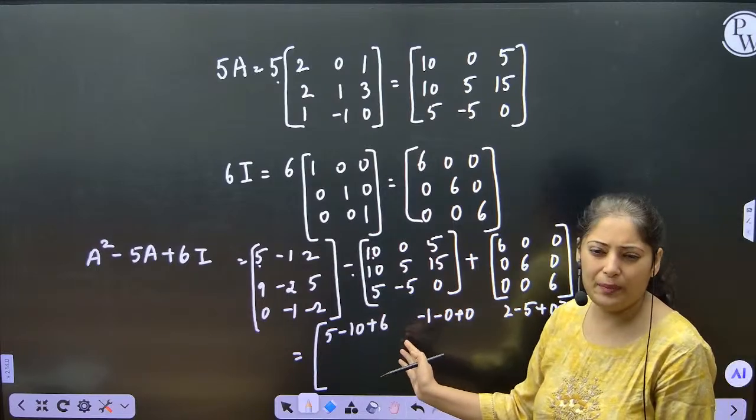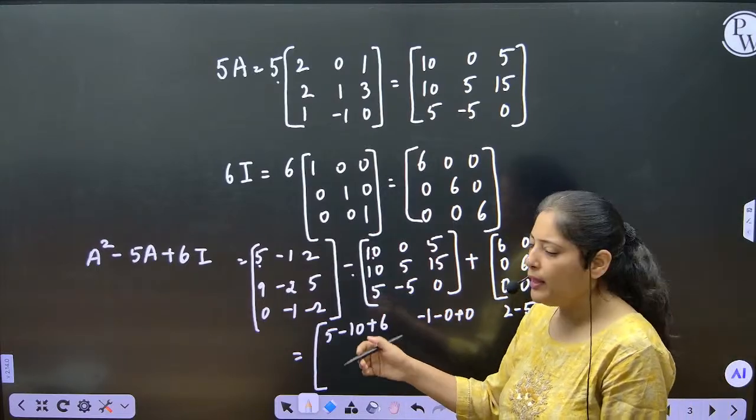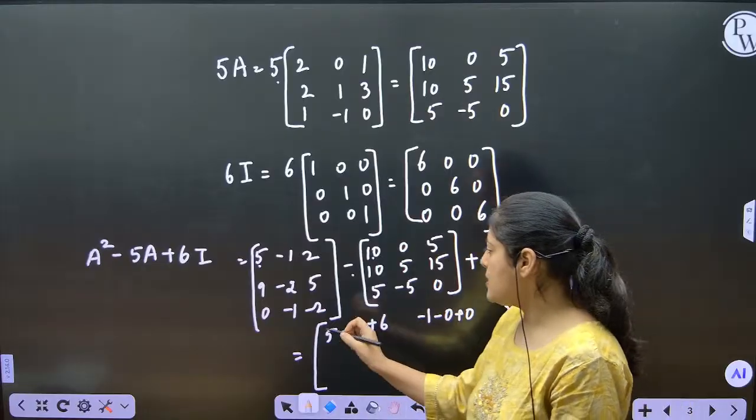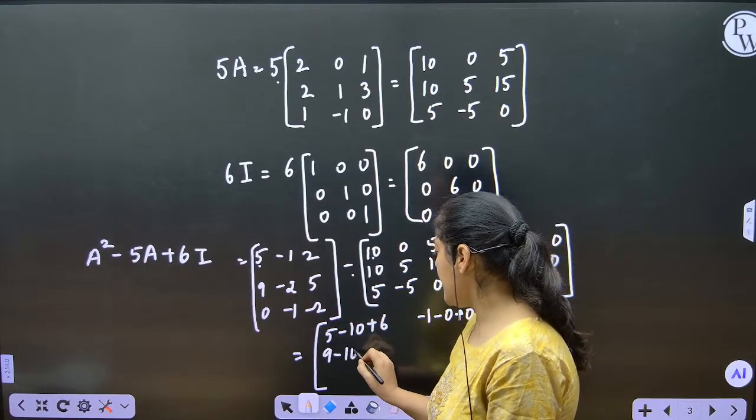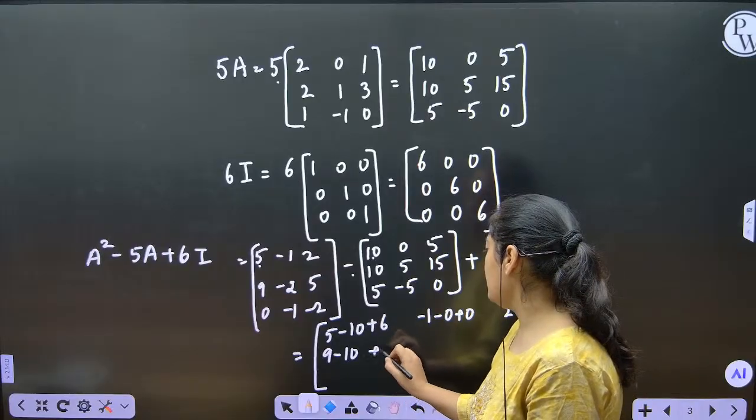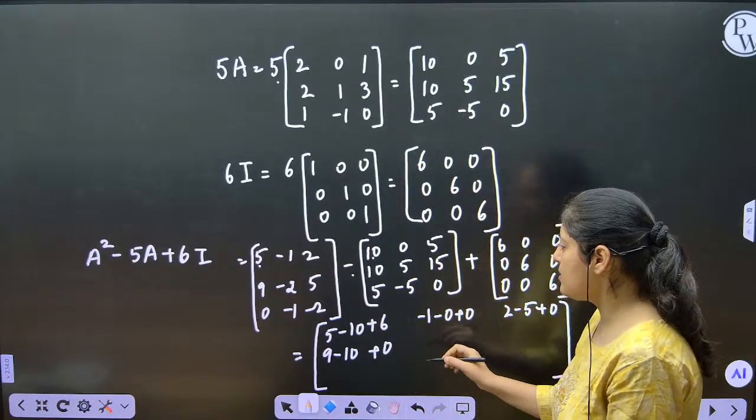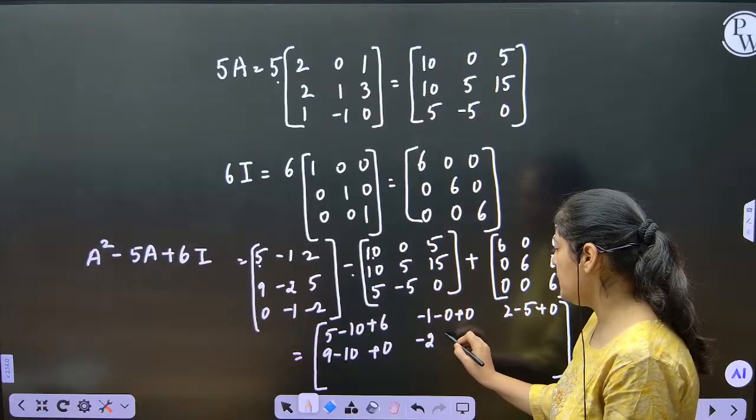Of course you can skip this step, but for the beginners I am doing this. 9 minus 10 plus 0, no need to write plus 0 and minus zeros, but still I am writing because of you people only.